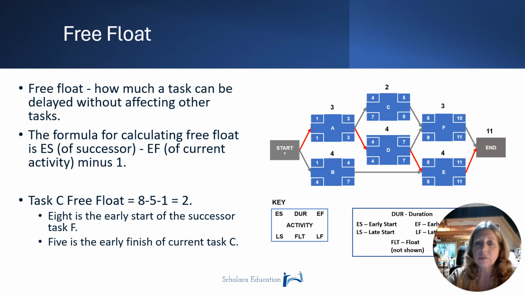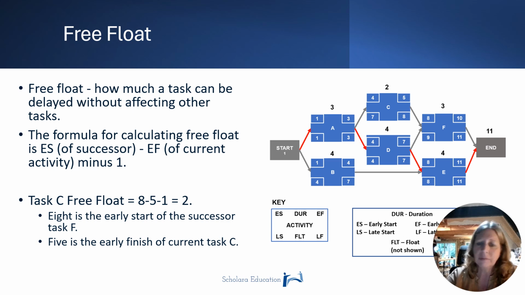Calculating free float is also not difficult, but it requires a bit more thought. To calculate free float for an activity, look at the activity that comes next. That's the successor activity. The early start date of the successor activity minus the early finish date of the current activity minus 1 equals free float for the current activity.